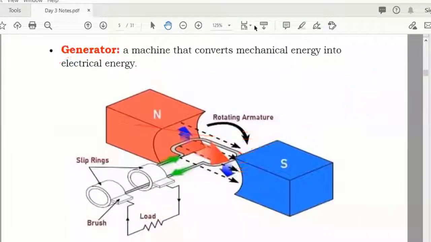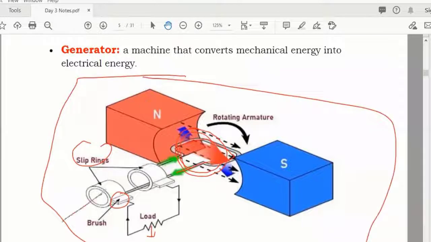Are you aware of this or not? Yes. Okay. Here, this is the coil, this is your slip rings, this is the brush, and this is the electricity. When this coil rotates and the magnetic flux changes, electricity is produced. So this is the generator part.